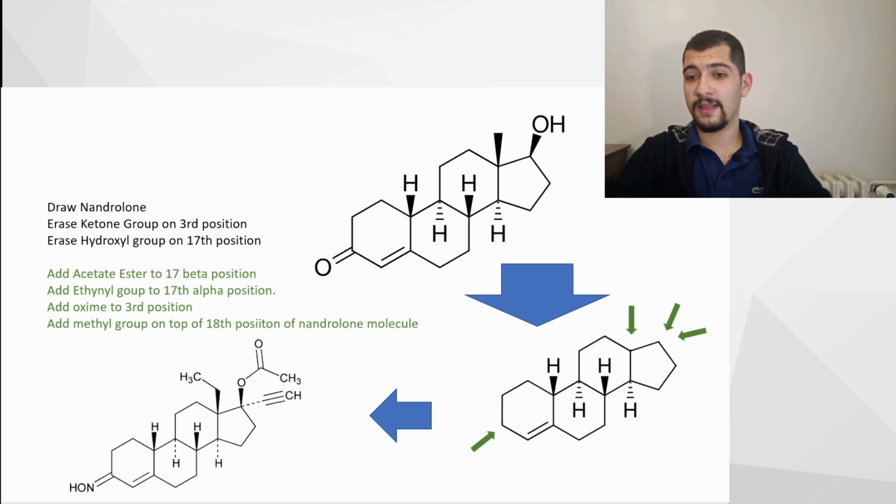And then what you do is add an acetate ester to the 17th beta position and add an ethanol group to the 17th alpha position. And you add an oxime group to the 3rd position and add a methyl group on the 18th position of the nandrolone molecule.